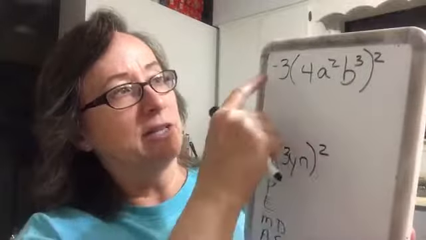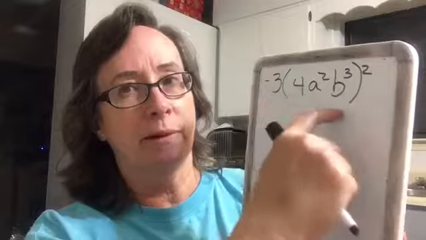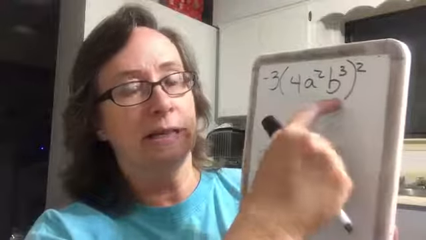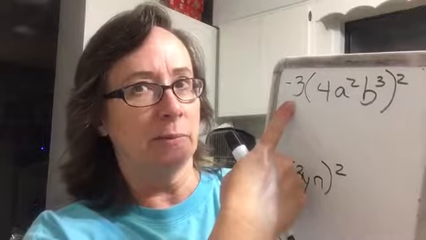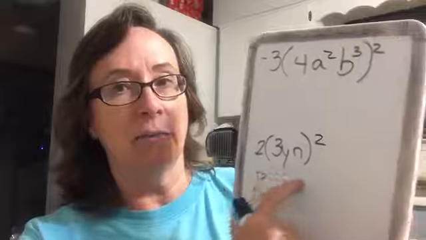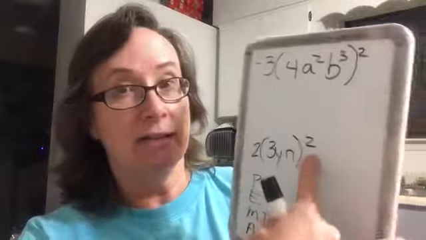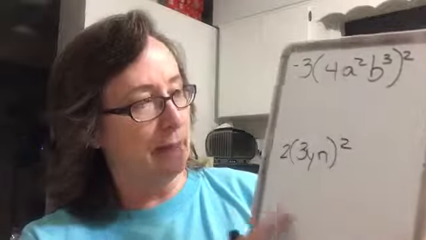So then it's -3 times parenthesis squared. So we're going to take the parenthesis squared, operate on that first, and then multiply by a -3. The same thing down here. We're going to take care of the parenthesis, square it, and then multiply that result by 2.